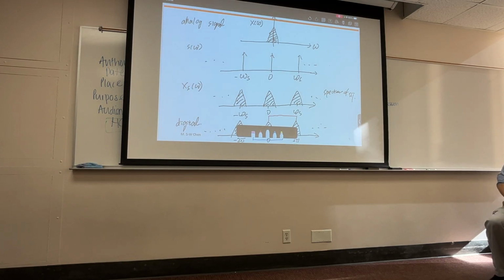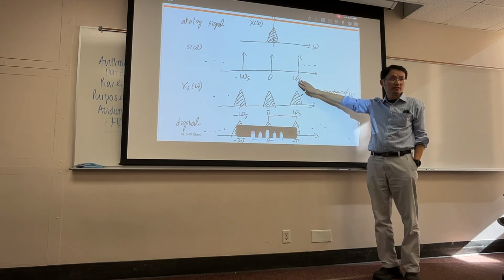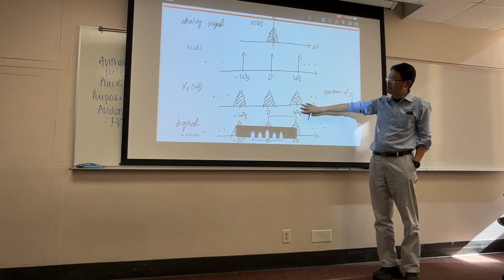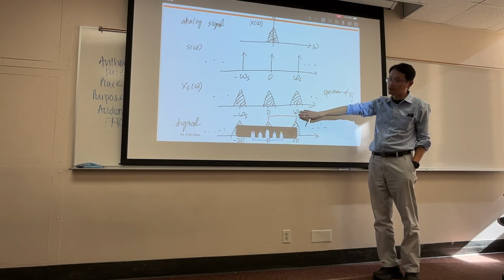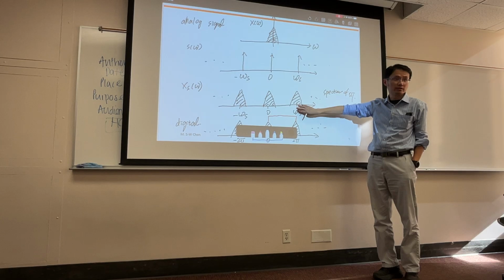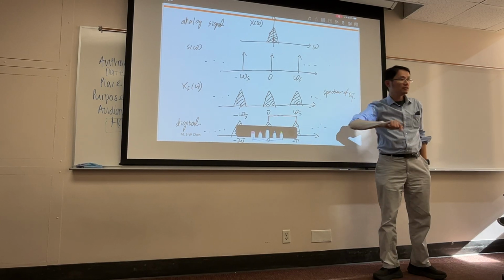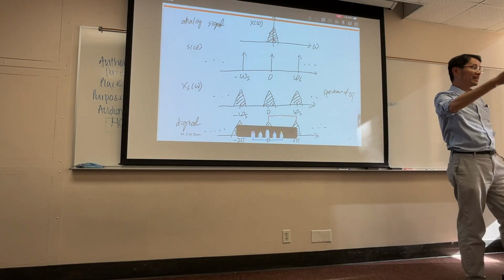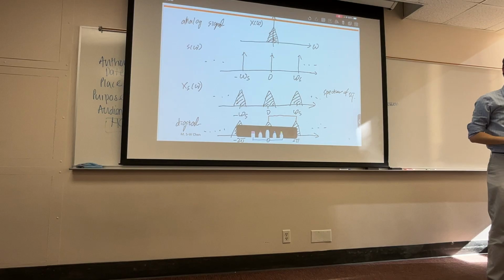So in analog and some sample rate, sorry, this is a sampling function, and after sampling you repeat it at omega s, whatever the sample rate. So this corresponds to 2 pi. If I downsample it, yes, the sample rate is effectively reduced. So let's say omega s divided by 2. What does omega s divided by 2 correspond to?